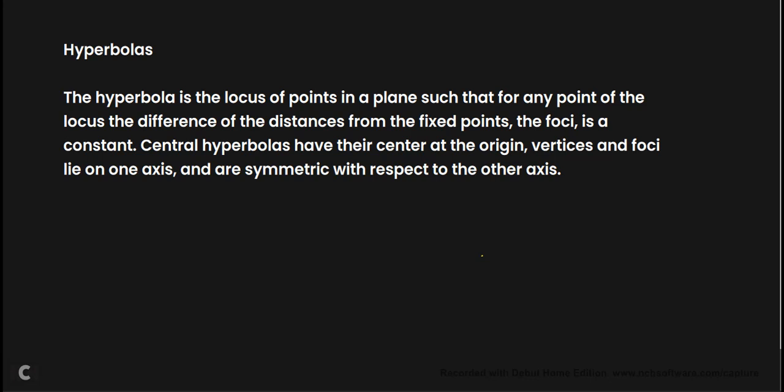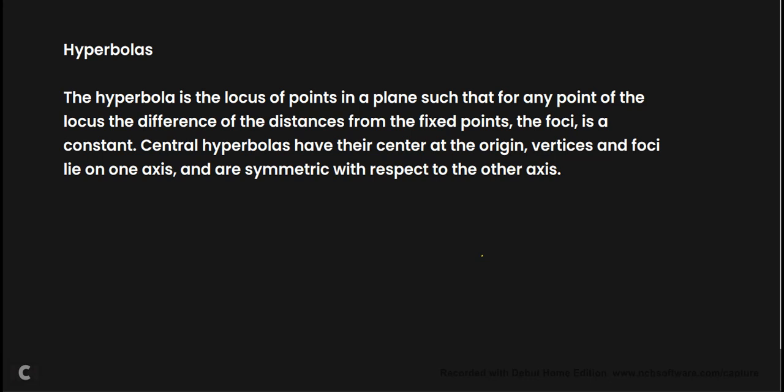So the hyperbola is the locus of a point in a plane such that for any point of the locus, the difference of the distances from the fixed points, the foci, is a constant. Then central hyperbolas have their center at the origin, vertices and foci lie on one axis, and symmetry with respect to the other axis.